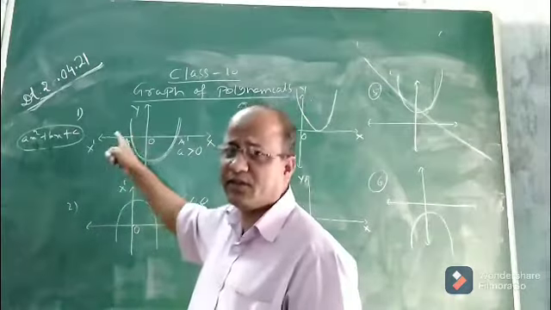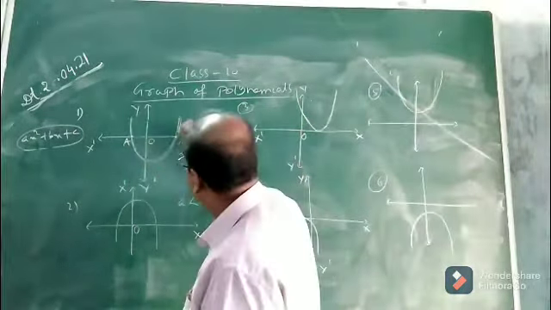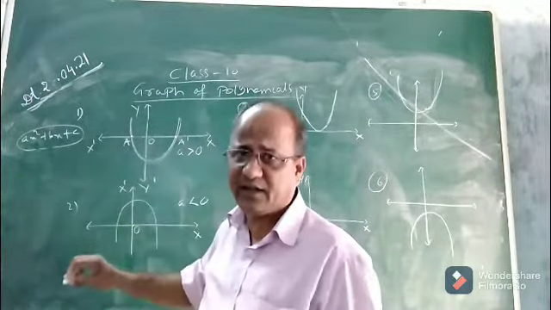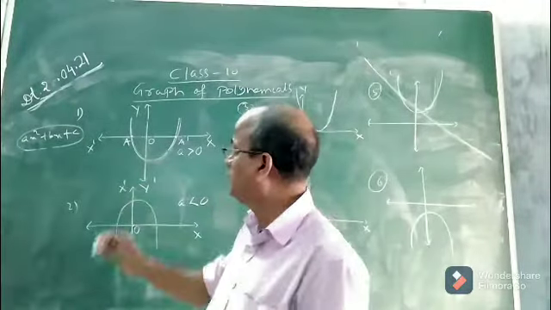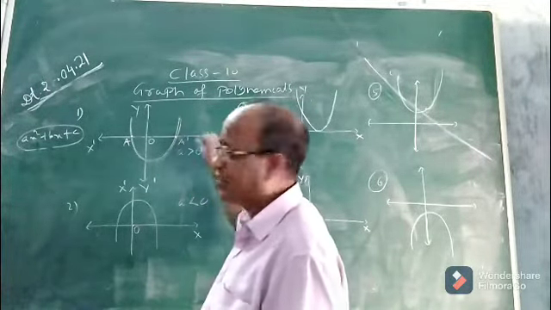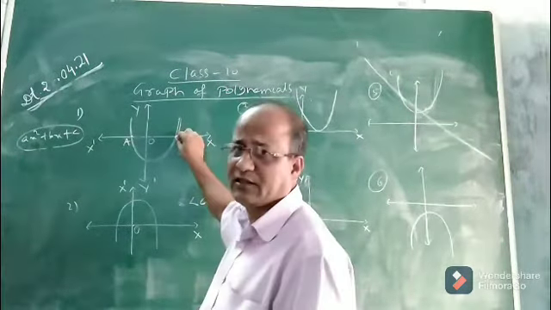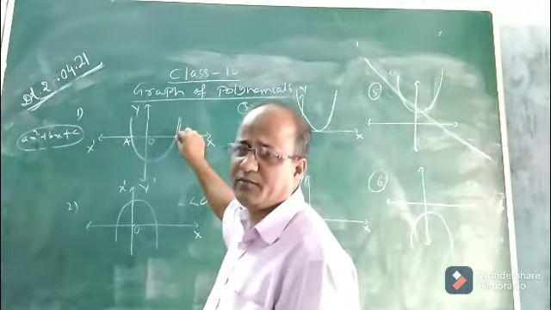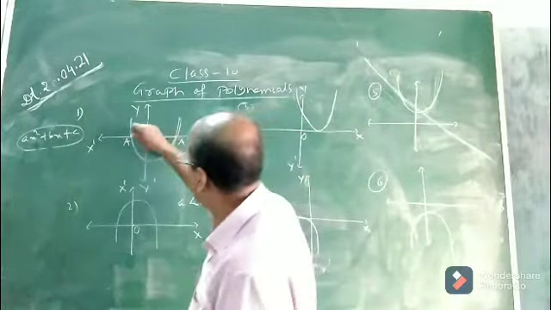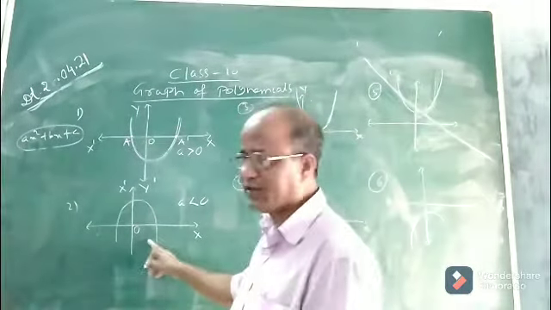And because you will get 2 linear factors, that is why the parabola will intersect the x-axis at 2 distinct points. So, you remember, if the parabola intersects the x-axis at 2 distinct points, from this we will conclude that the given quadratic polynomial can be factorized into 2 linear factors and it has 2 distinct or 2 different zeros, okay?